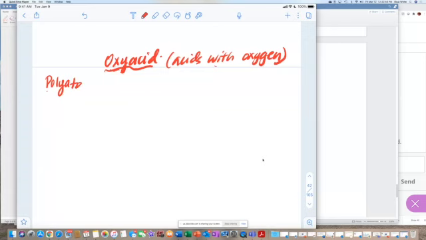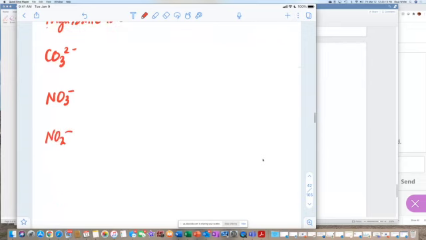So polyatomic ions, we'll go over carbonate. I'll do the nitrate, nitrite. And then I'll do the phosphate, the phosphate.